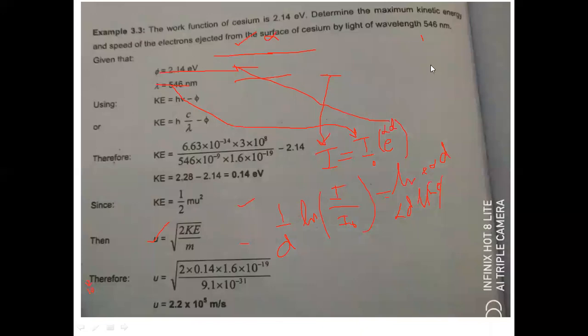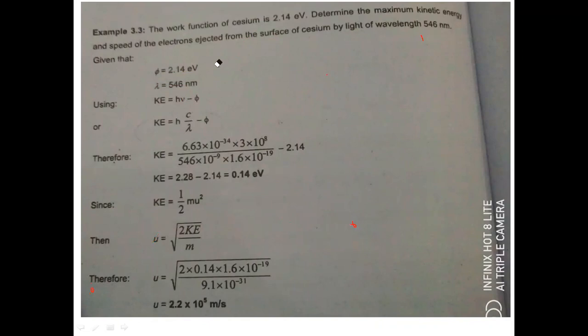Okay, now this is the example related to the work function, the role of the positive ion. According to this example, the work function of cesium is 2.14 electron volt. We have to determine the maximum kinetic energy and the speed, the velocity v, of the electrons ejected from the surface of the cesium.